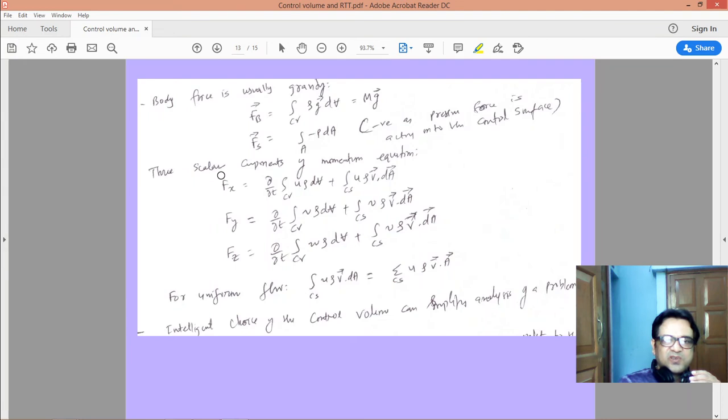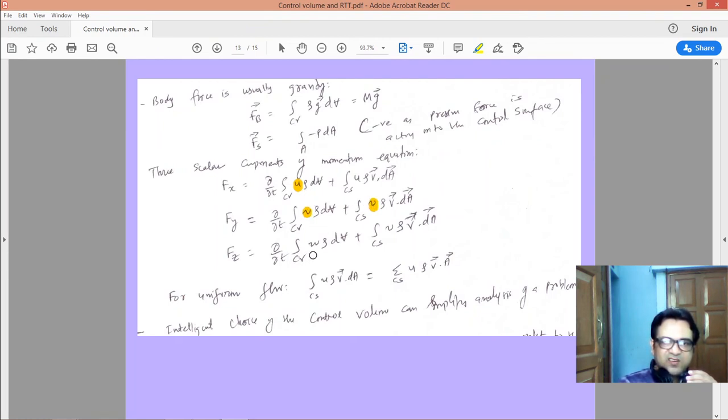We will get the three components of the momentum equation by replacing the velocity vector by its three components u, v and w. We will get three momentum equations. Fx, the summation of all forces acting in the x direction, is del by del t of integration of the x component u, rho dV, plus the surface integral of u rho V dot dA. Similarly for the y component, replace u by v.